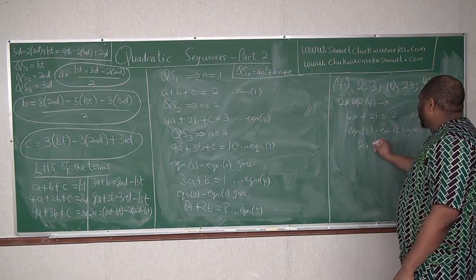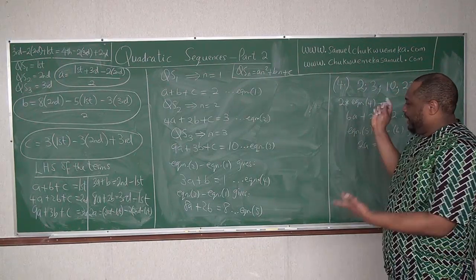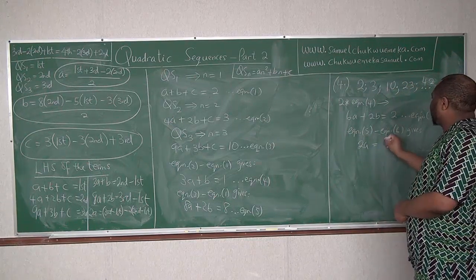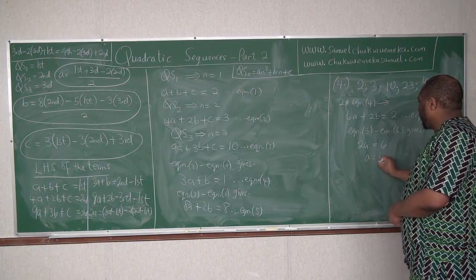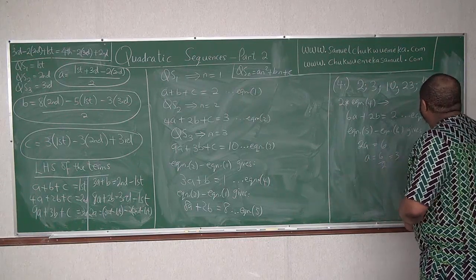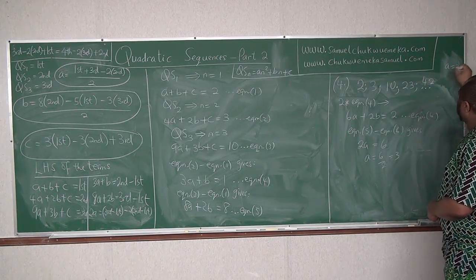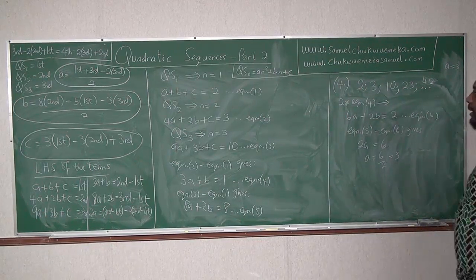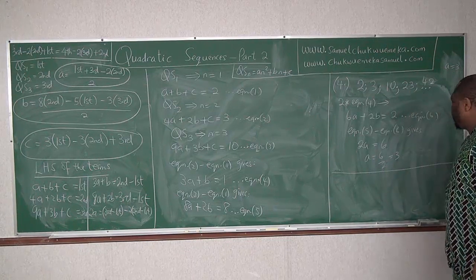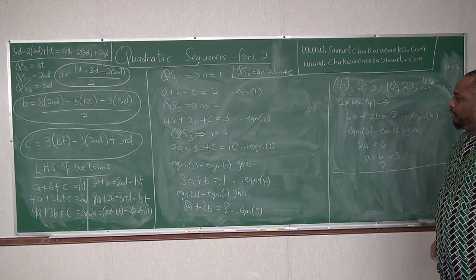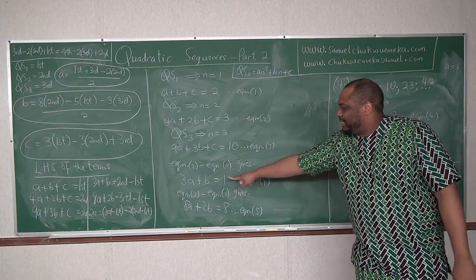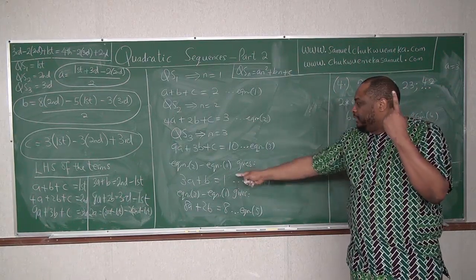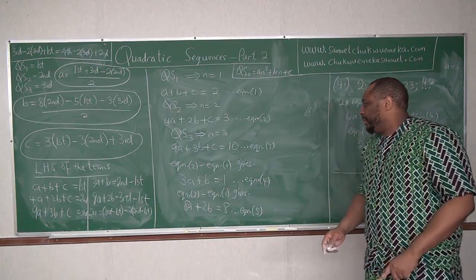So 2a will give us, because 2b minus 2b is gone, 8 minus 2 is 6. So a is 6 divided by 2, which is 3. A is 3. Then to find b, we use equation 4, because the coefficient of b is 1, so it is easier.